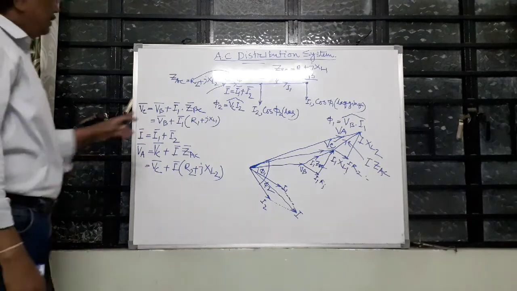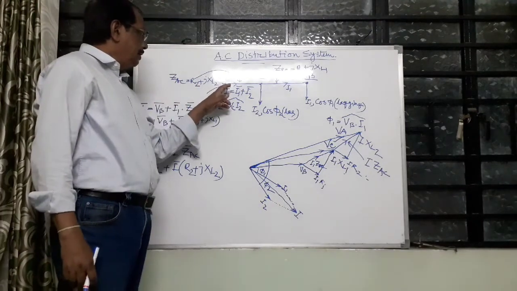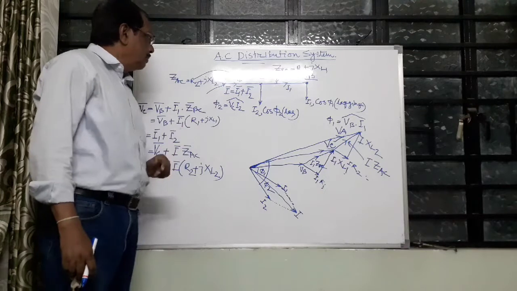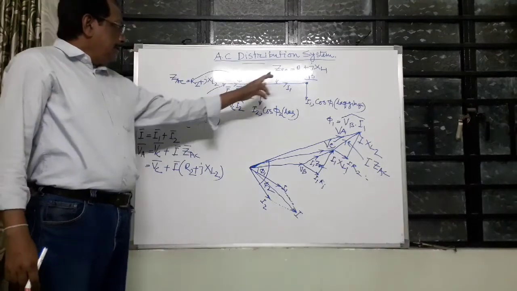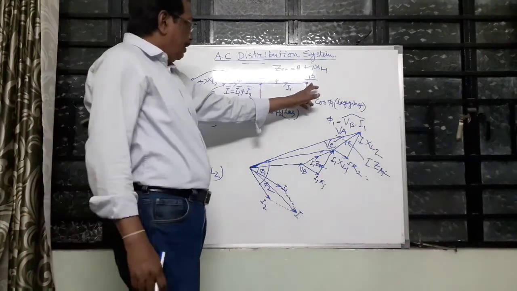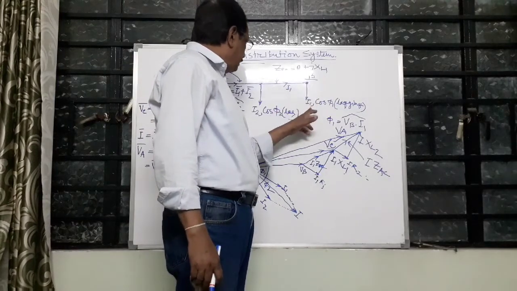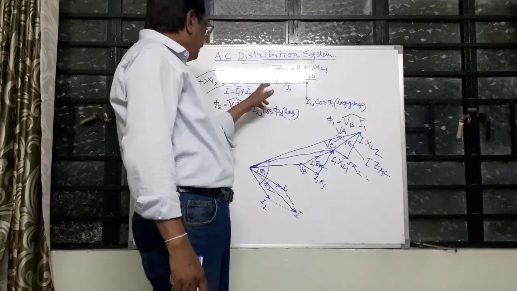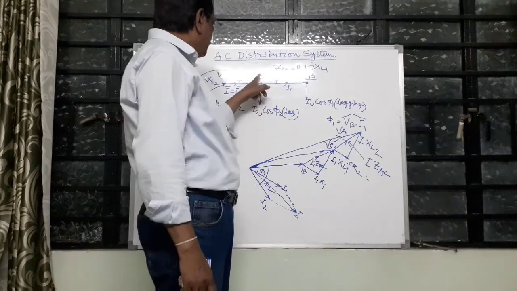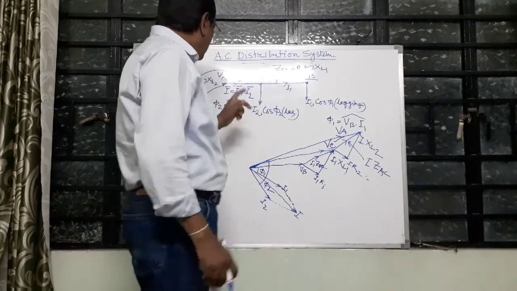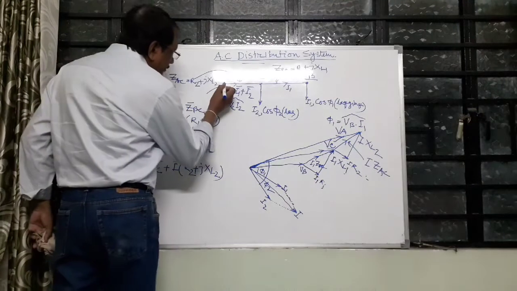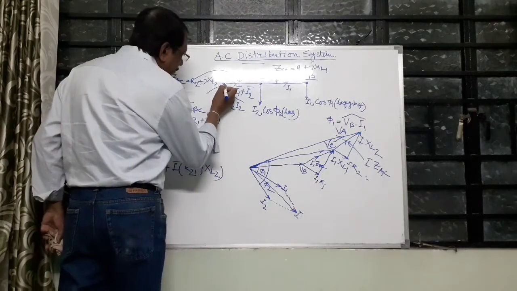So the sending end voltage can be calculated. The power factor at point B is determined by the angle between VB and I1. At point C the power factor is determined by VC and I2. What is the power factor at point A?